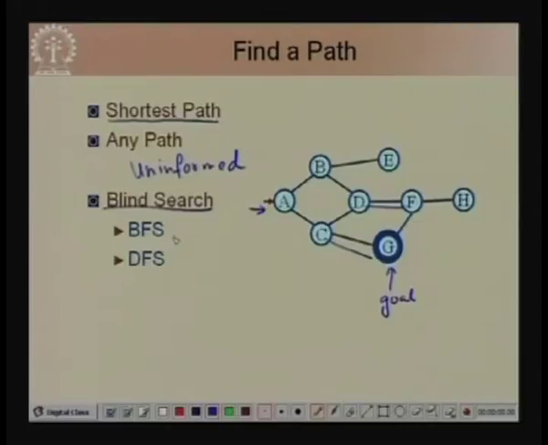And the most important blind search strategies are breadth first search and depth first search, in short BFS and DFS.